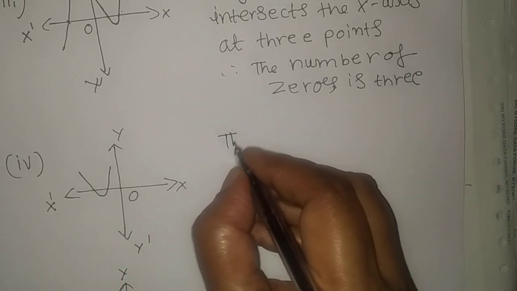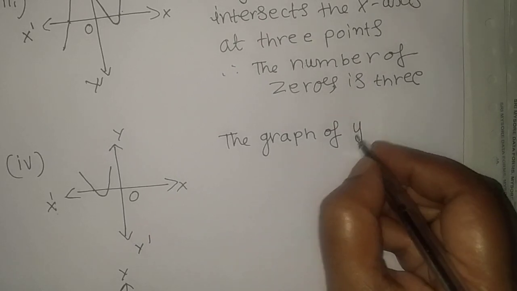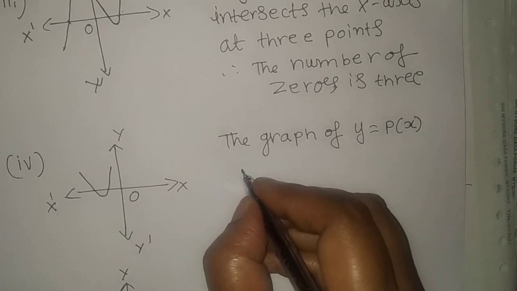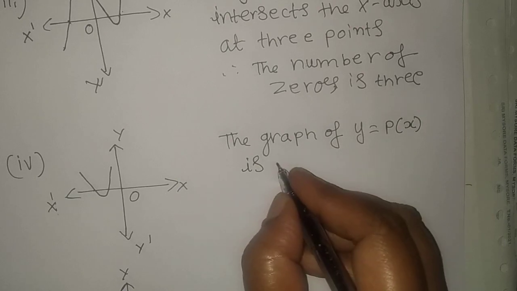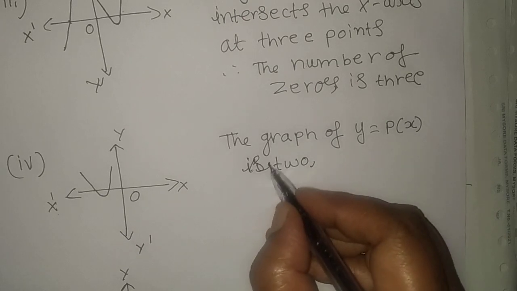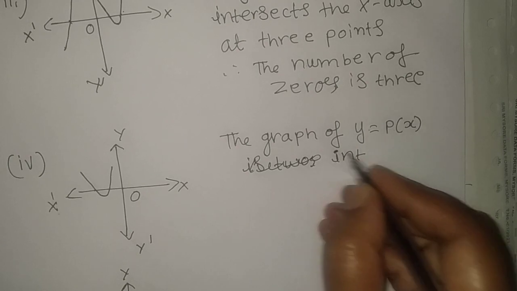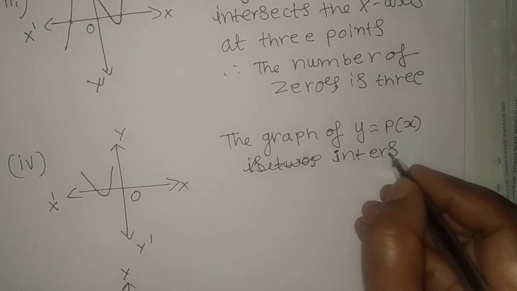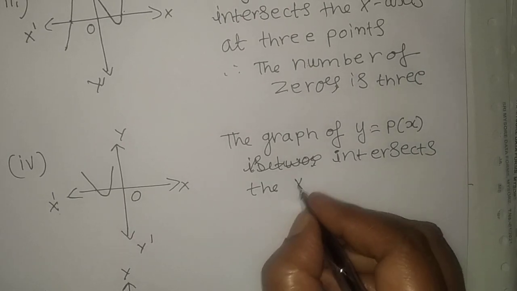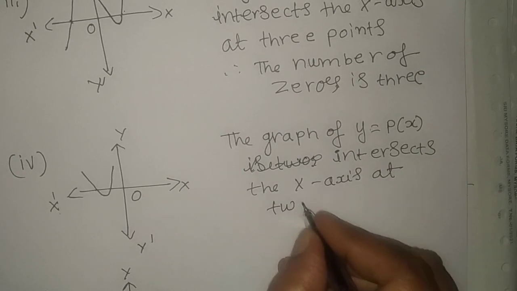The graph y equals p of x intersects the x-axis at 2 points.